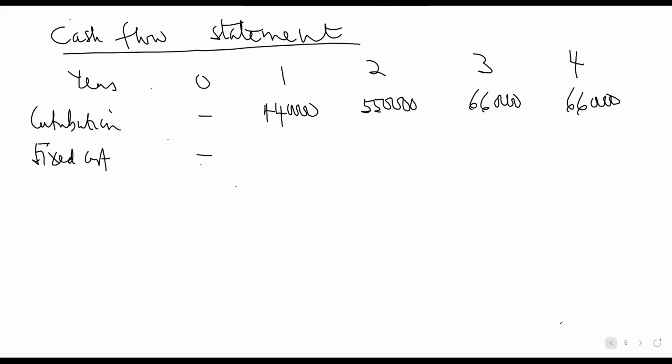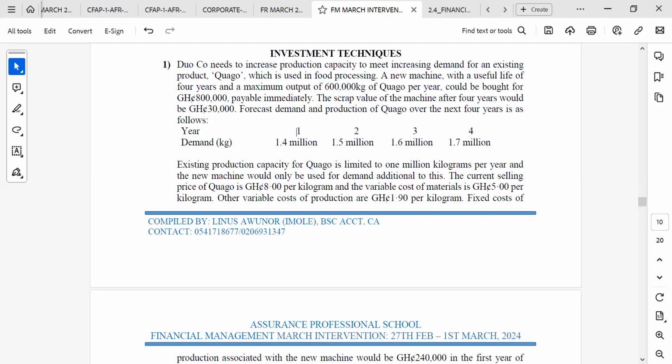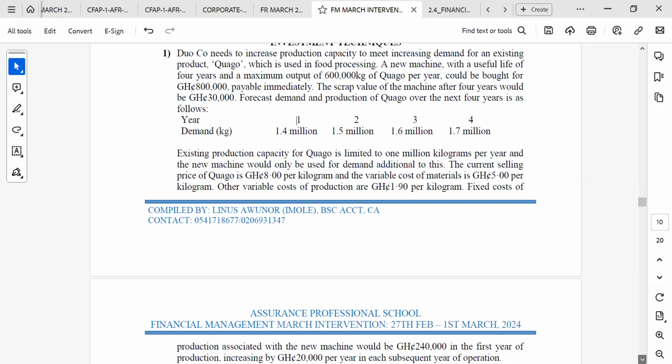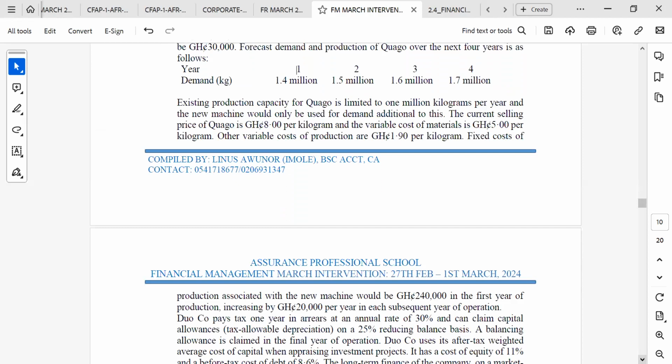Sometimes the question will say that excluding depreciation, or sometimes they will say including depreciation. Fixed cost of production. 240. Fixed cost of production associated with a new production will be 240 in the first year of production, increasing by what? 20,000 per year.